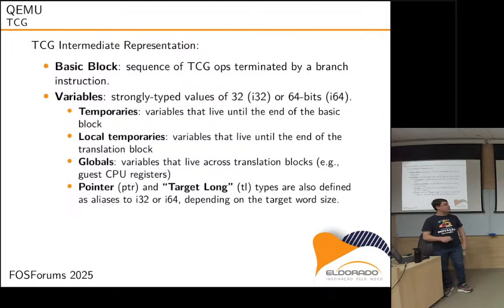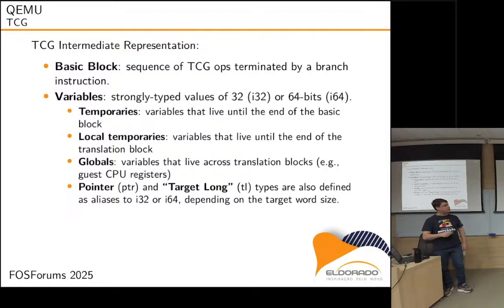So a bit more about the intermediate representation. You have basic blocks, that is a sequence of operations that end in a jump instruction. You have variables that are strongly typed. They could be 32 or 64 bits. A variable can be a temporary that will live inside a basic block. It can be a local temporary that lives inside the translation block.